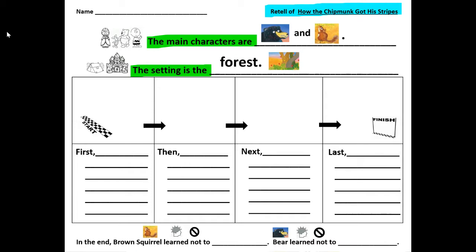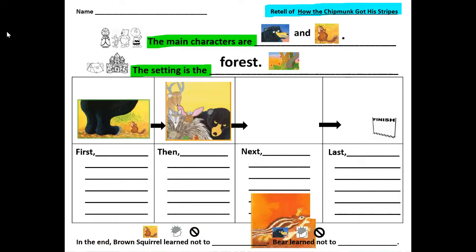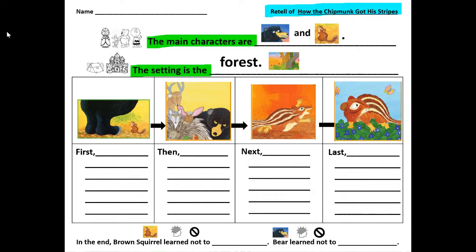So now we're going to put our pictures in the correct sequence or order. First, then, next, last. So look at that first picture. First, what did Bear do?